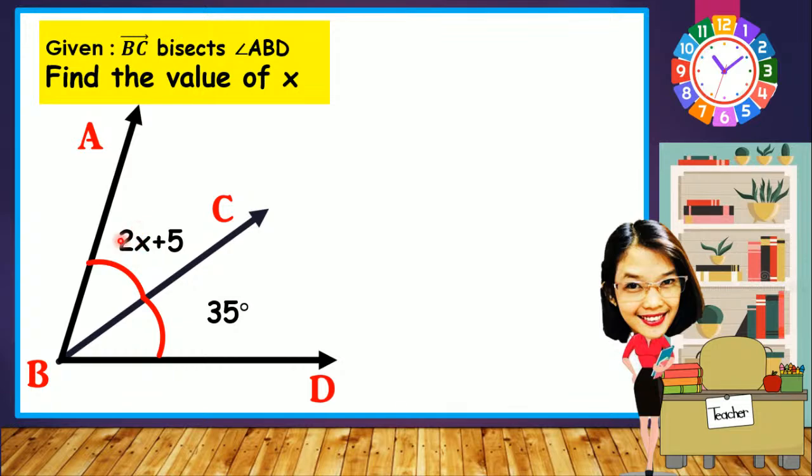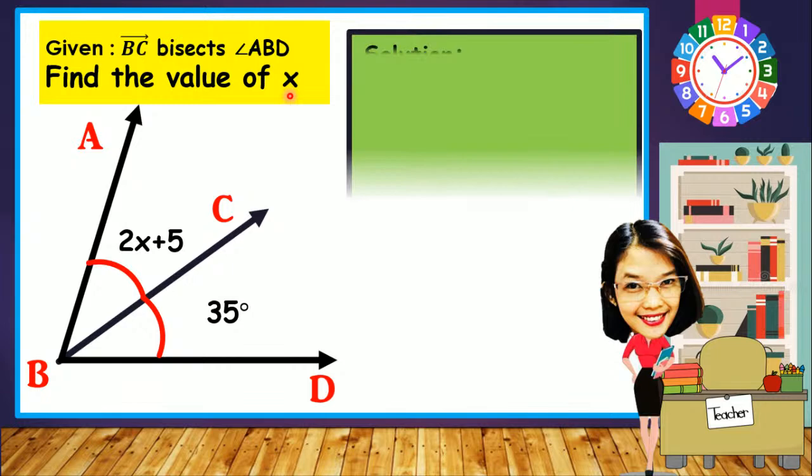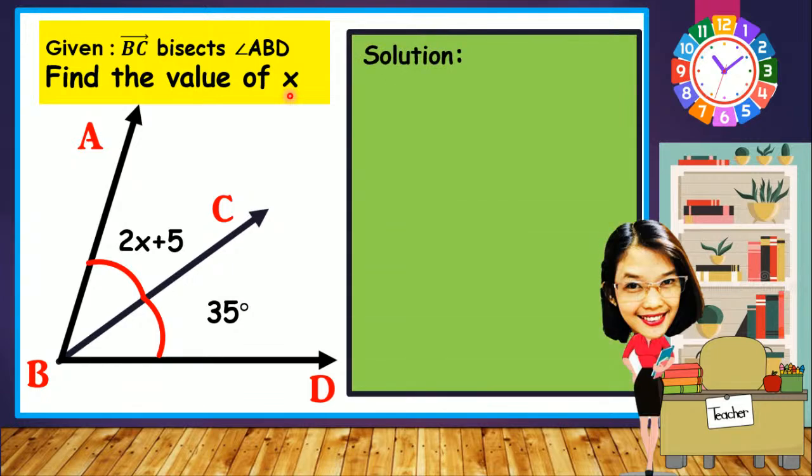Dun muna sa pinag-aralan natin kanina. Kung siya ay na-bisect at ang measurement ng CBD ay 35 degrees, then what is the measure of ABC? That's correct. It is also 35 degrees. But we have to find the value of x. It is x that we are looking for. Now, how are we going to solve for it?